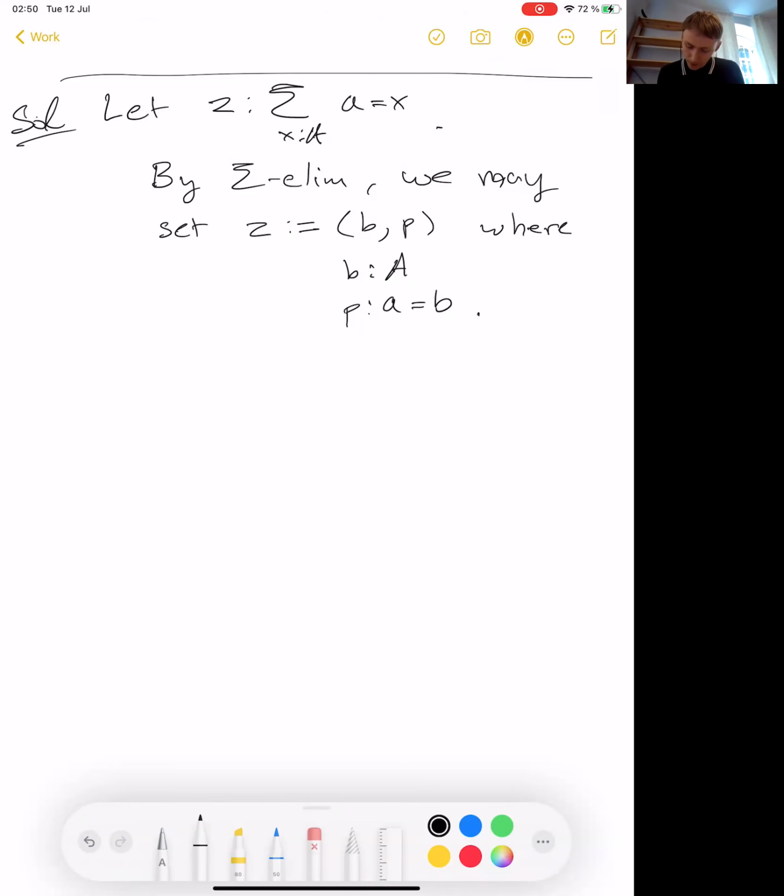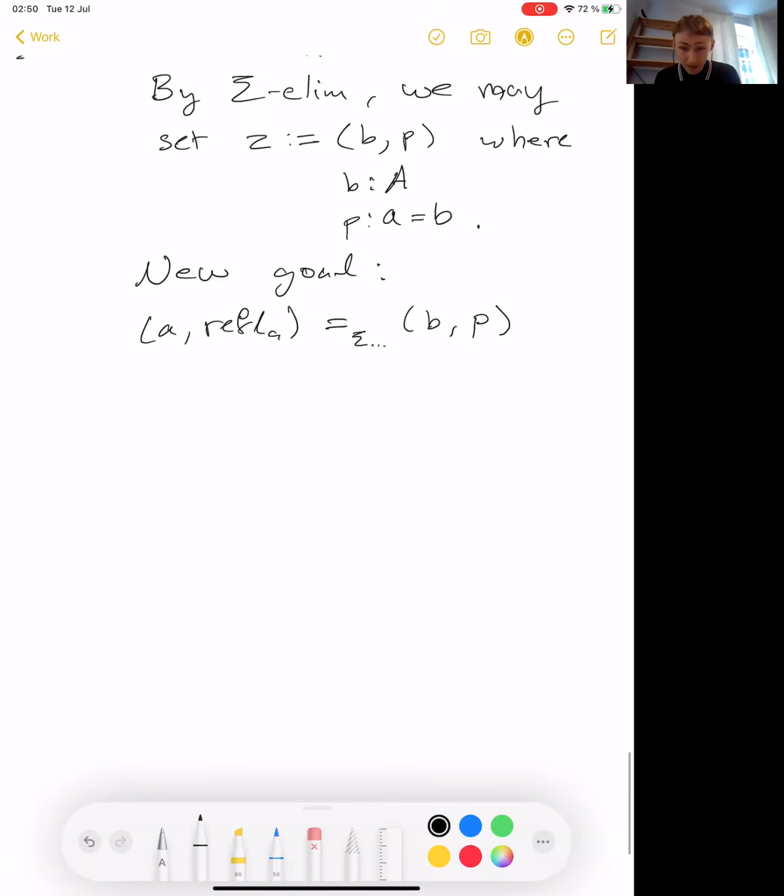Okay. So the new goal is to prove that A comma refl A is equal over this sigma type to B comma P. Well, we have a path P between 2 points.